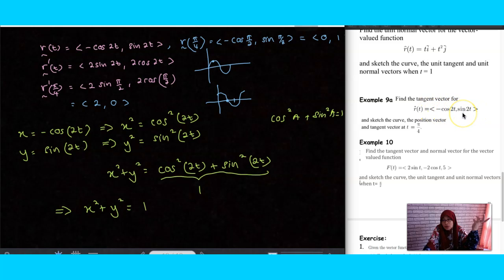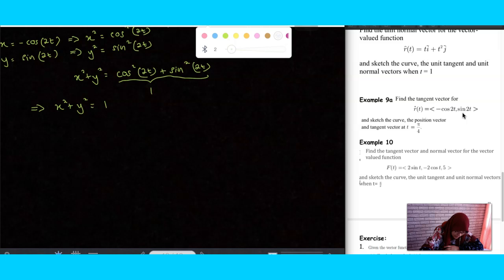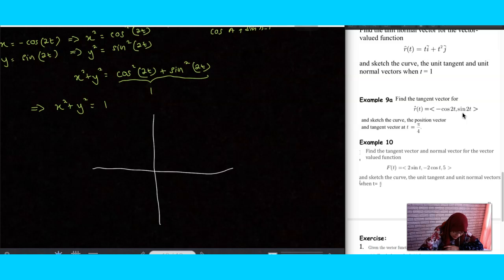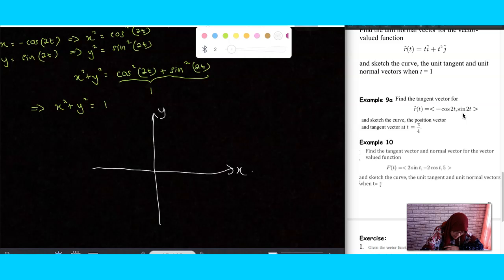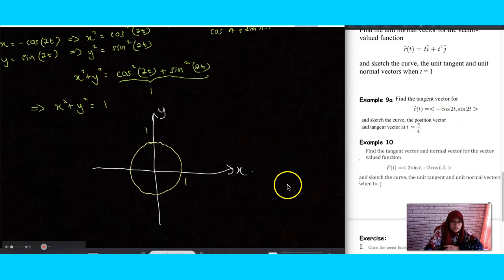So you have only two axes, x and y, meaning that you have to sketch that circle on the x-y plane. So you have y and you have x and you have a circle with radius 1 center at the origin. So that is only the sketching of the curve.